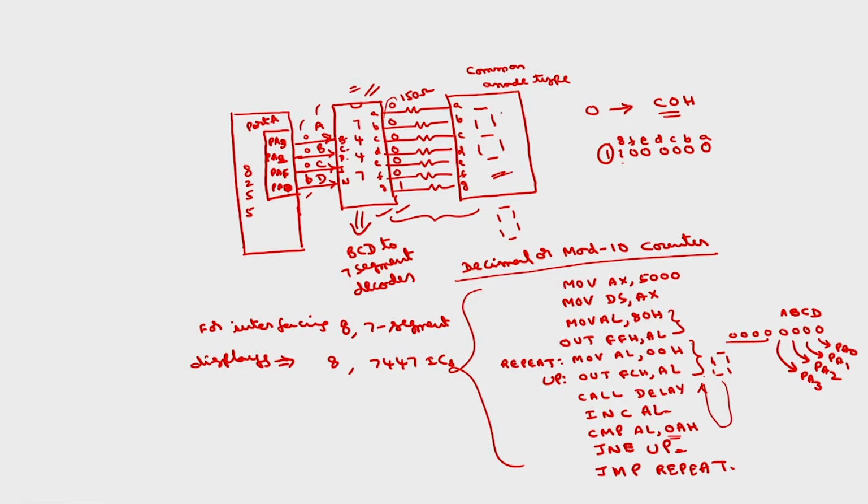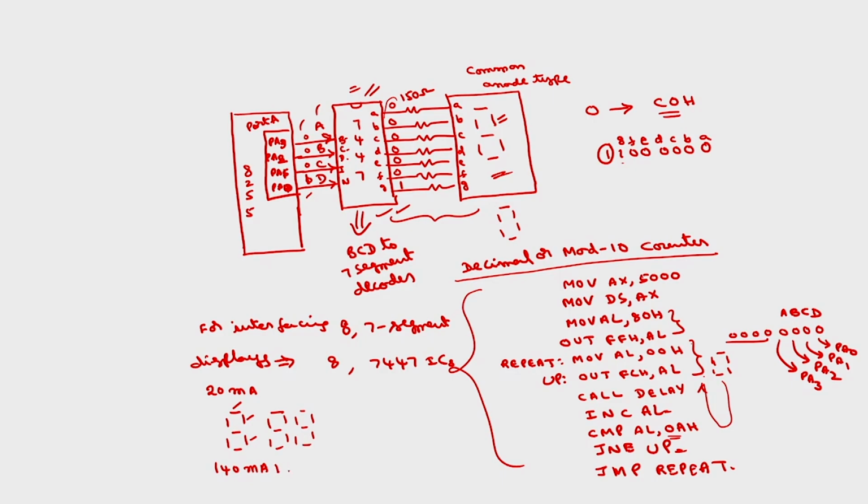When a particular segment is on, it draws a current of 20 milliamps. If I want to display 8 on each display, then for a single display, to display 8, each of the 7 segments will draw 20 milliamps, so the total will be 140 milliamps. If I use 8 such displays, what is the total current?